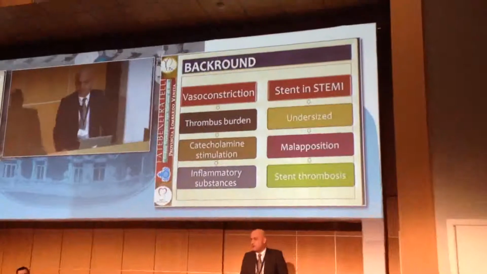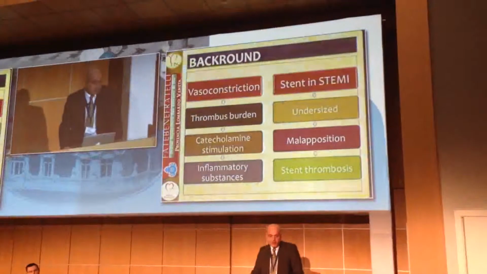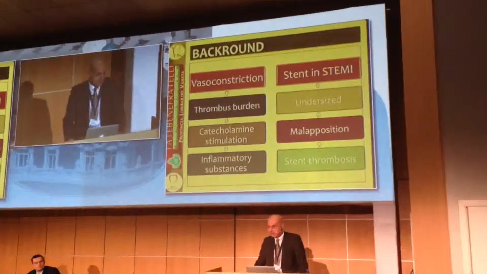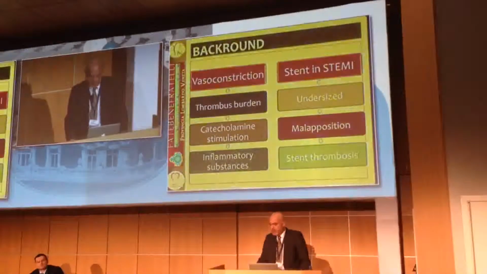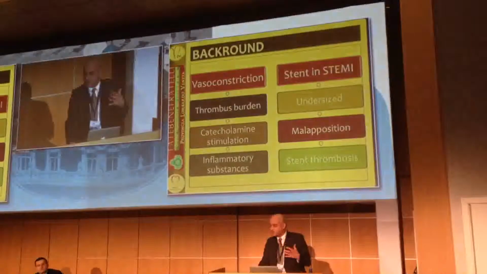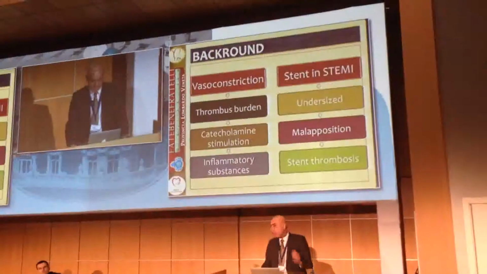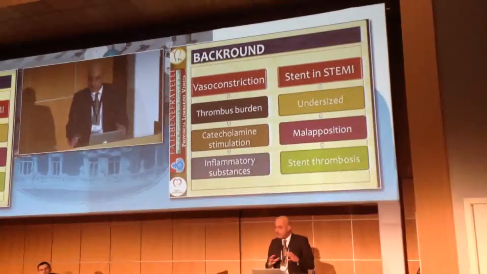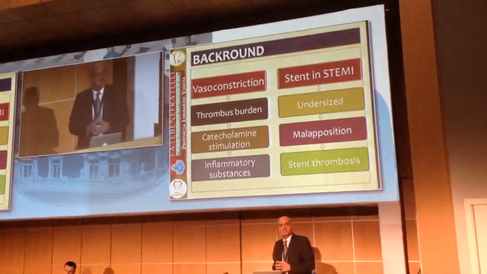All of us know that the problem during stenting, during the thrombotic occlusion of a vessel, is the difficulty in choosing the stent diameter, because we have problems with vasoconstriction, thrombus burden and catecholamine stimulation, and many other things, so it's possible to have an undersized stent.